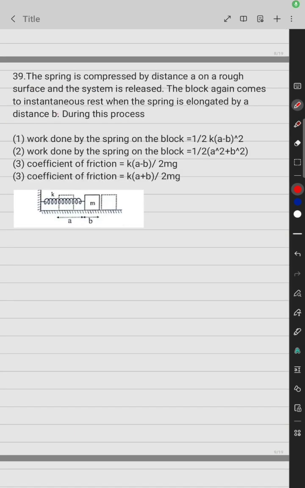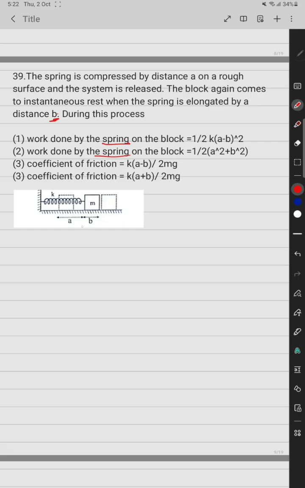One situation, the spring is compressed by distance a on the rough surface, and the system is released. The block again comes to instantaneous rest when the spring is elongated by distance b. Then choose the correct option. So either we have to find the work done by spring in both, or the coefficient of friction.